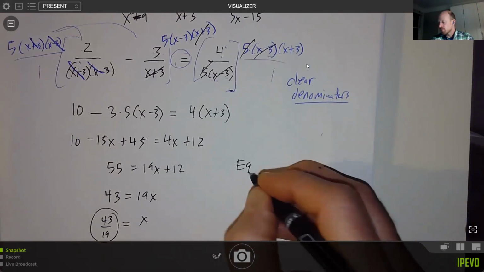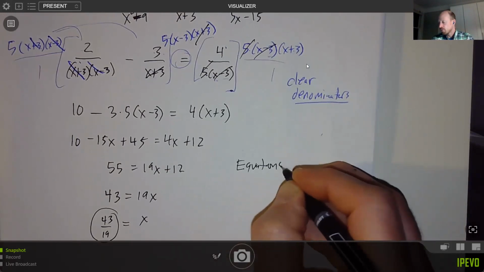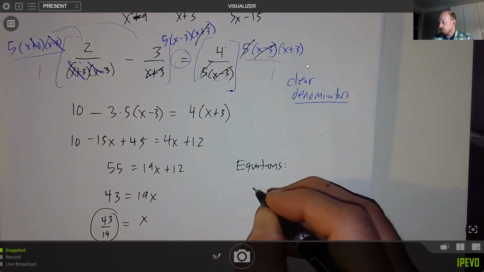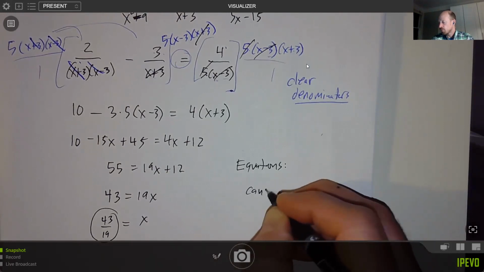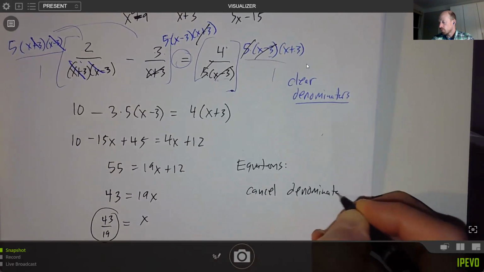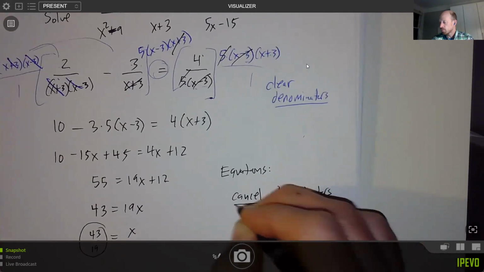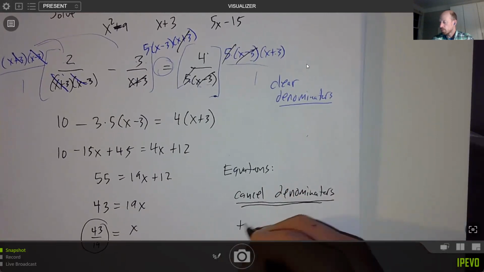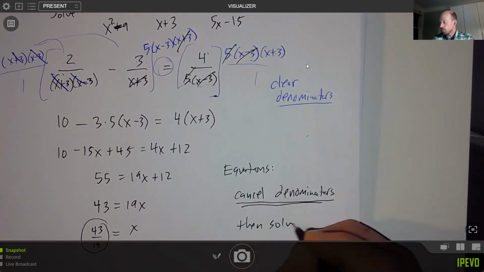And with equations, what we're trying to do is we are trying to cancel the denominators, then solve.